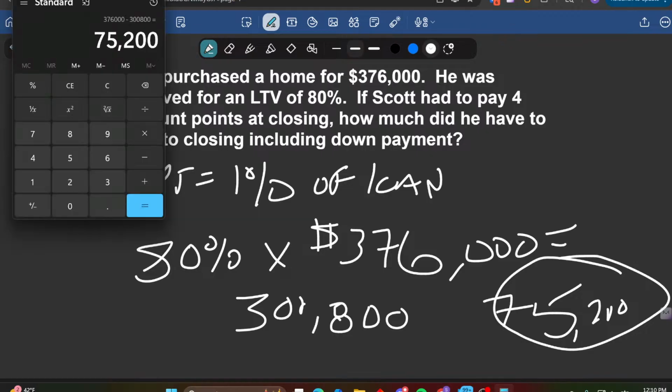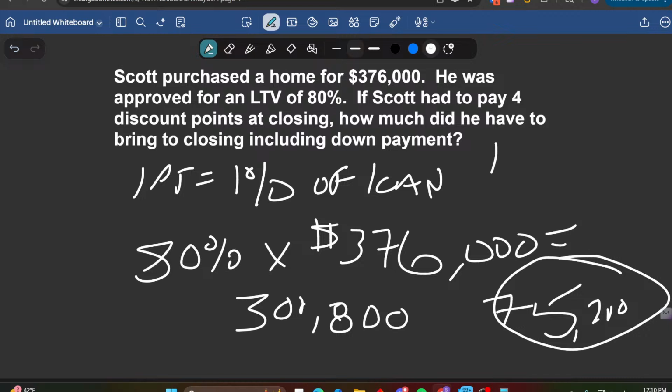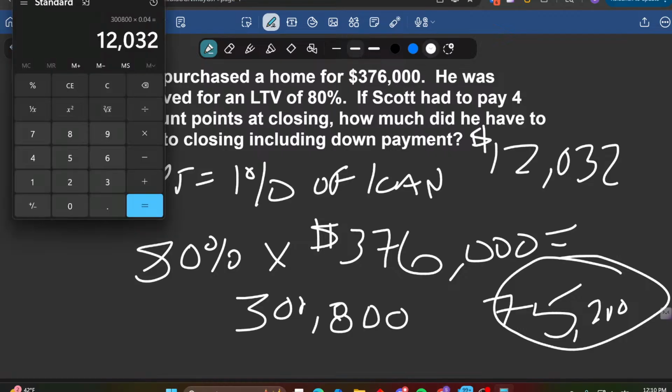So 300,800 times the discount points, which is 4%. It's going to be 4% because one discount point is 1% of the loan amount. So we have a total of 12,032.